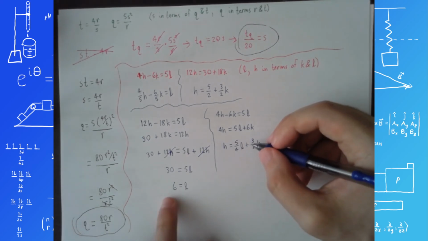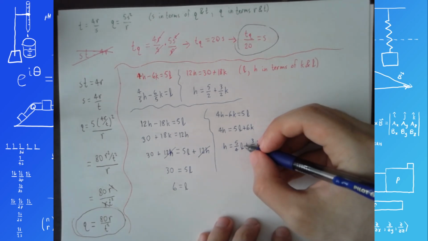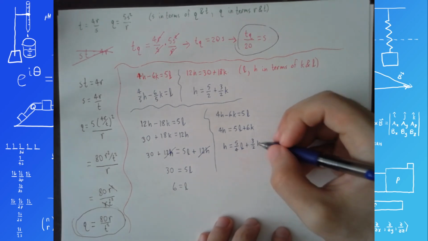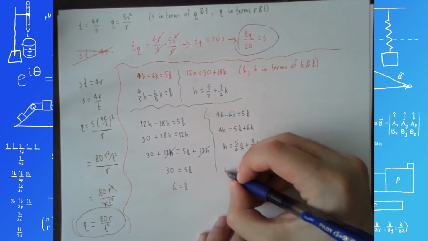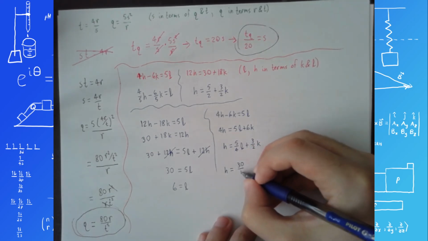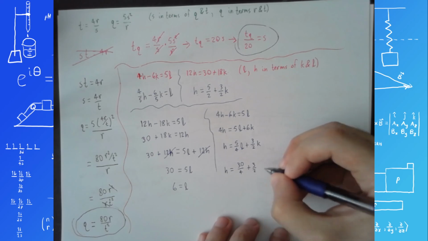And if you wanted to, you can plug in 6 for the value of L. Then 5 times 6 is 30, and h equals 30/4 plus 3/2 k.